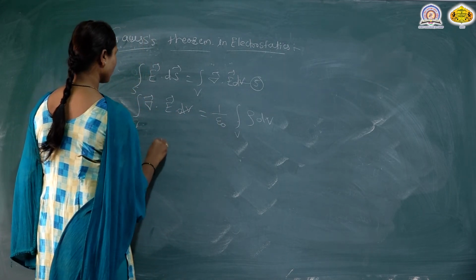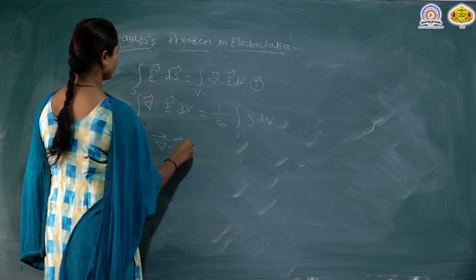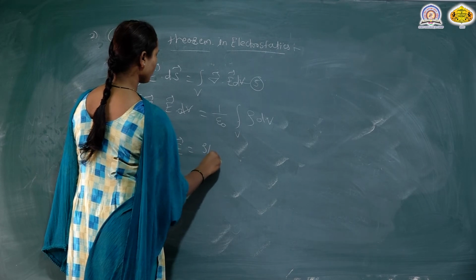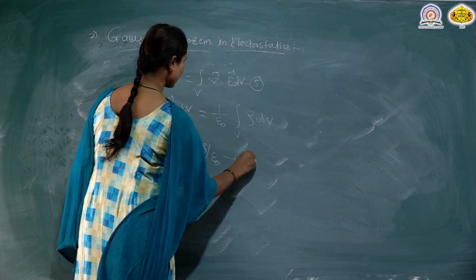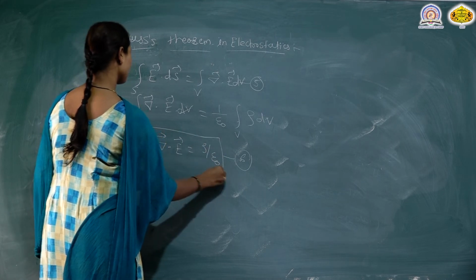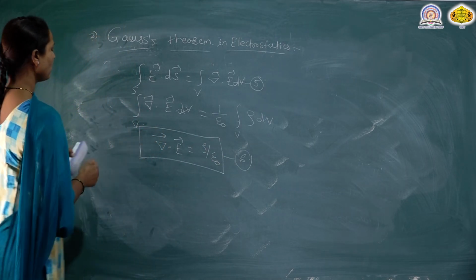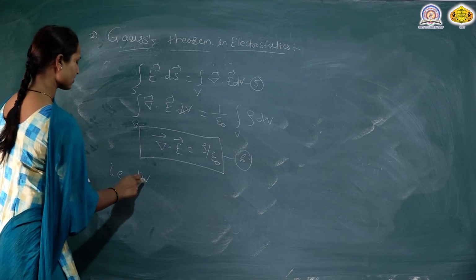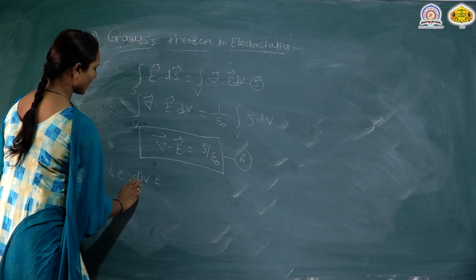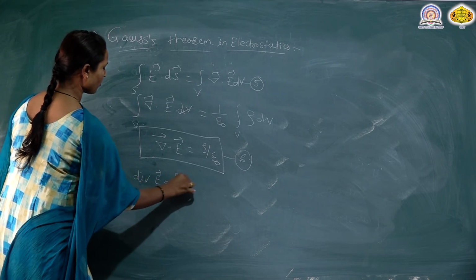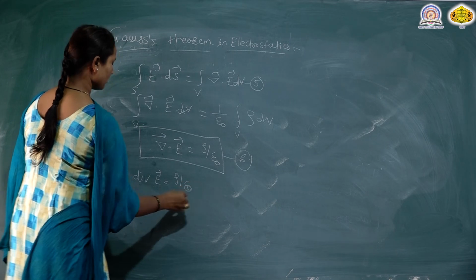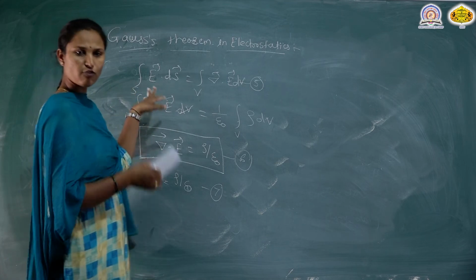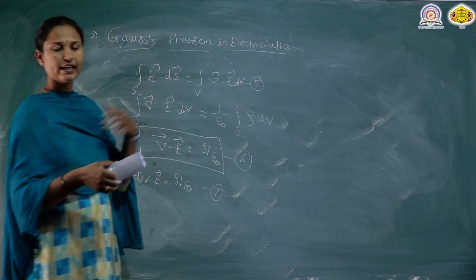Therefore, the divergence of E, del vector dot E vector, equals rho upon epsilon naught. This is equation number 6, Gauss's theorem in differential form. Also the divergence of E vector equals rho upon epsilon naught. This is equation number 7, the differential form of Gauss's theorem in electrostatics.